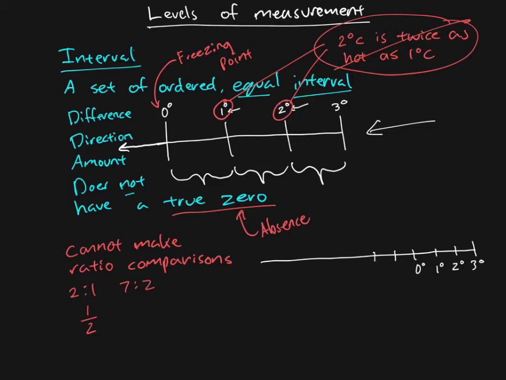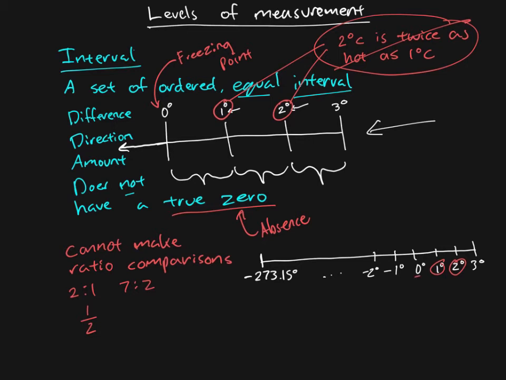But then it continues down here into -1 degree, -2 degrees, and so on until we get to -273.15 degrees Celsius, all the way down at the bottom. And that is as cold as you can go because that is the absolute absence of temperature. So when we ask whether 2 degrees Celsius is twice as hot as 1 degree Celsius, this 0 here fakes us out.